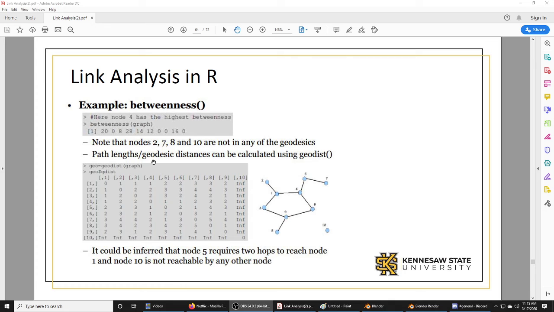Note that nodes 2, 7, 8, and 10 are not in any of the geodesic paths. Geodesic distance can be calculated using geodist. So when we look at this, we can see there's an issue here, right? Infinite. It could be inferred that node 5 requires 2 hops to reach node 1, and node 10 is not reachable by any node.